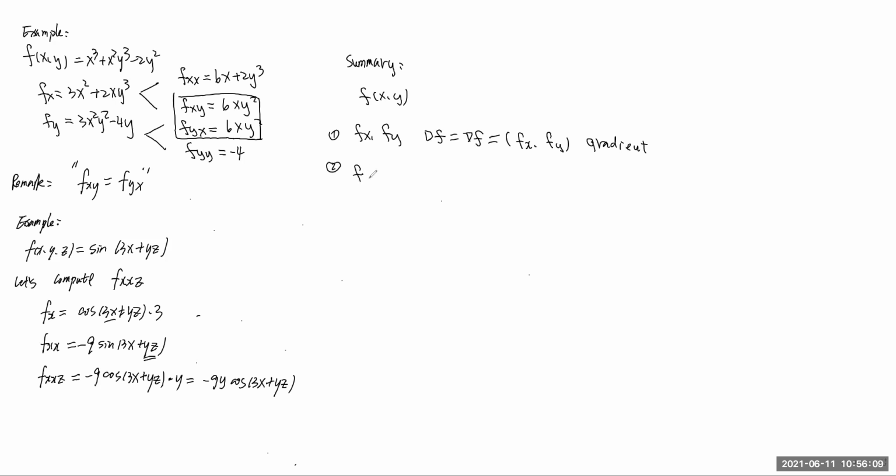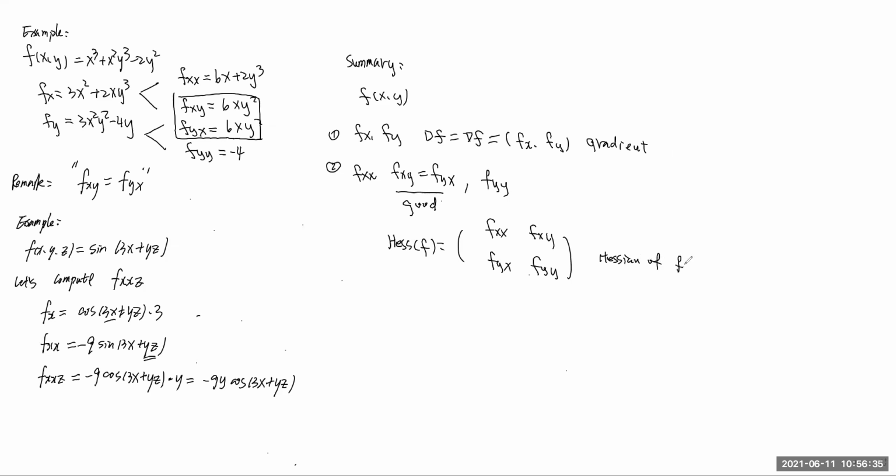And then we have fxy equal to fyx, the good case, but in general, we only deal with the good case. fyy. We write it as a Hessian of f: fxx, fxy, fyx, fyy. So this is called the Hessian of f, and the gradient of f.